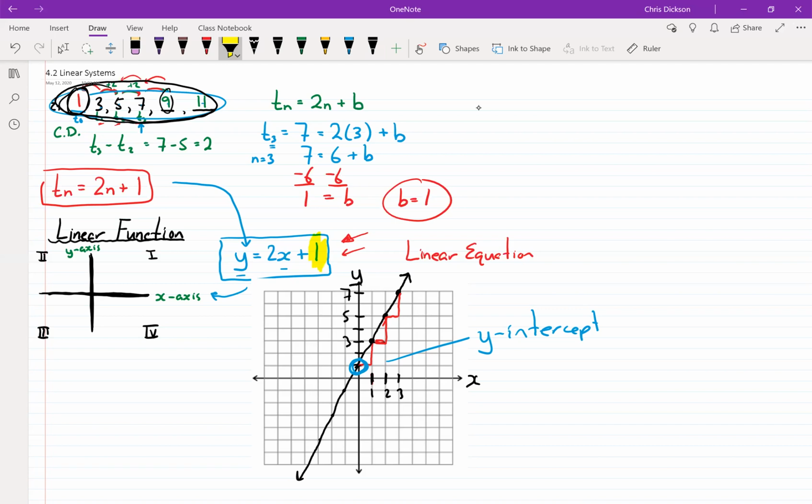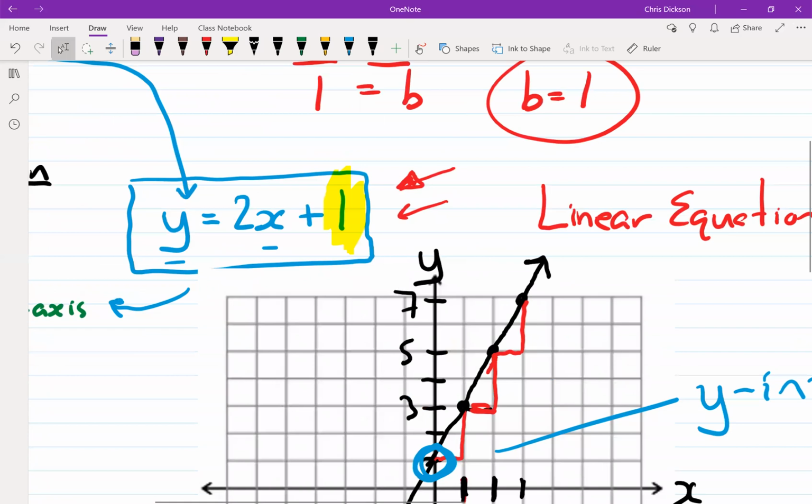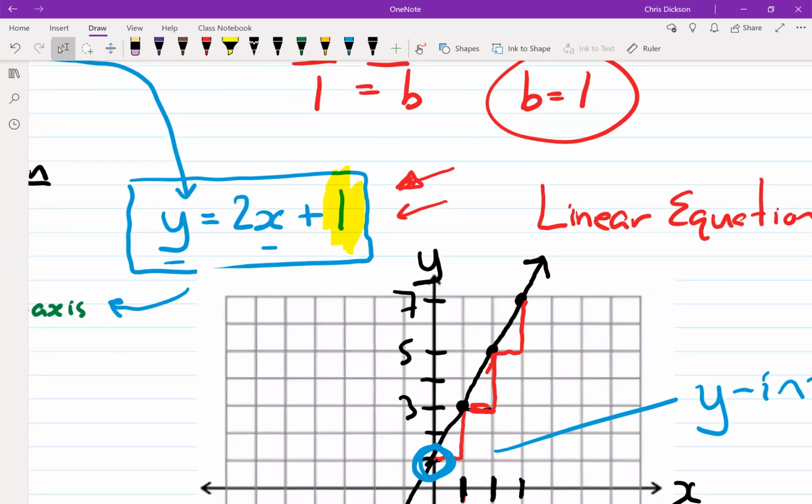That's the value that you seem to start from. So we start at 1, and then we go over 1, up 2, over 1, up 2. How would you know that if you were just given this equation? Someone just says, there's the equation for the line, how do you know how to draw it? Well, one way to do it is to start at the start place, which is this 1 here. That's where you start from. So that's the y-intercept.